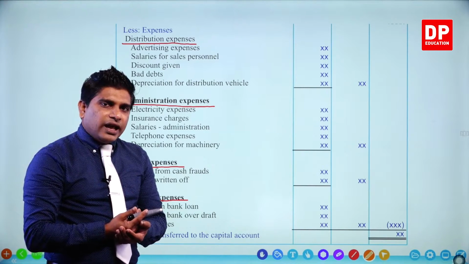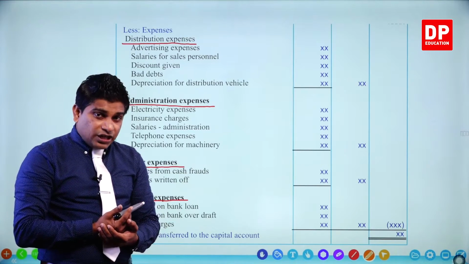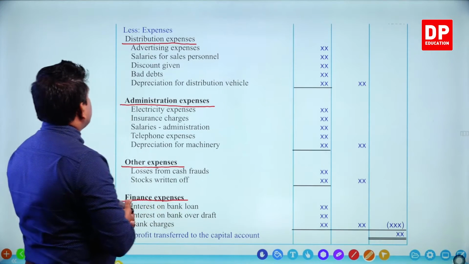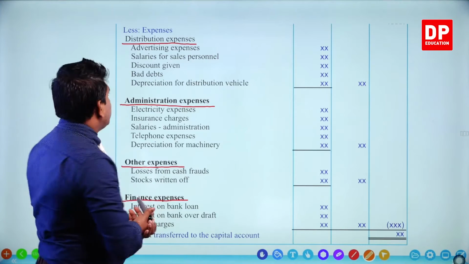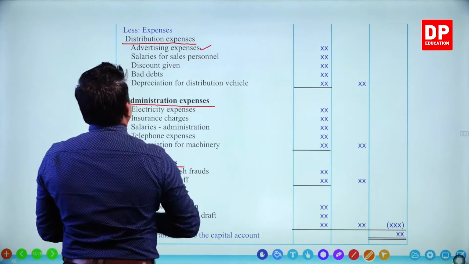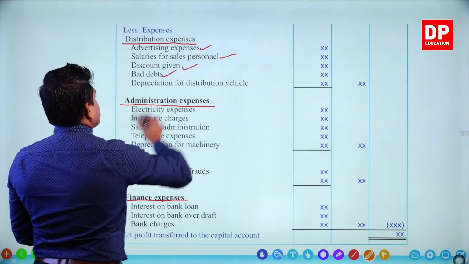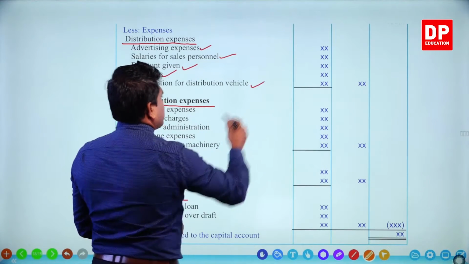Actually, here I presented in this slide, the same details mentioned in the textbook. If you can't see this clearly, you can use your textbook. Now, distributing: advertising expenses, salaries for salespersons, discount given, bad debts, depreciation for distribution vehicle.